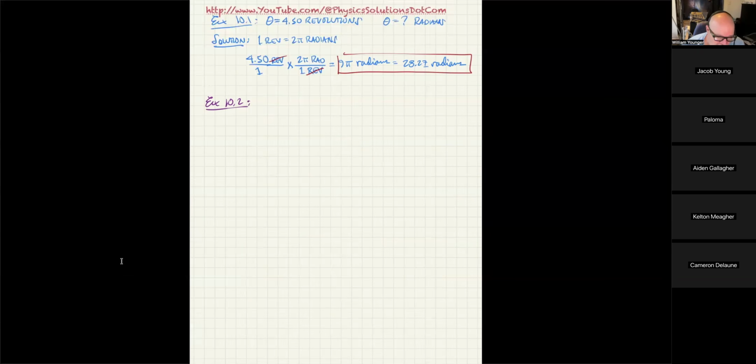And B, how small an object can the bird just distinguish when flying at a height of 100 meters? So we're going to say delta theta is 3 times 10 to the negative fourth radians. A, delta theta equals question mark degrees.